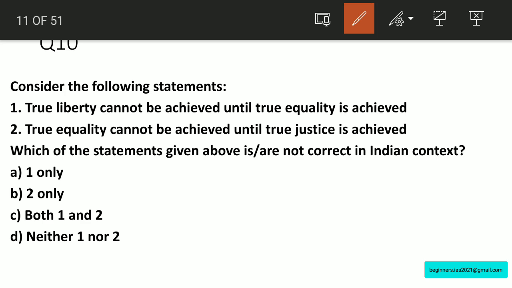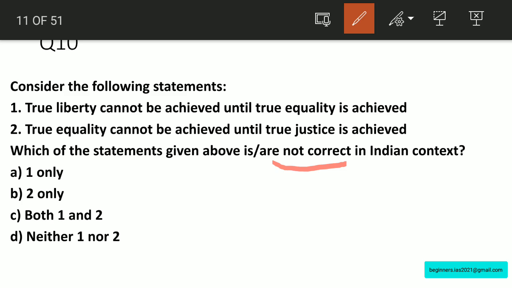Consider the following statements. True liberty cannot be achieved until true equality is achieved. True equality cannot be achieved until true justice is achieved. One has to note here that we have to identify the not correct statement.